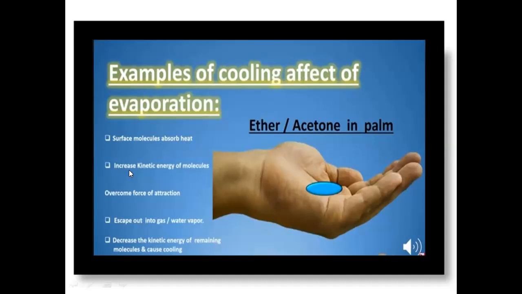This results in an increase in kinetic energy of molecules, which overcome the force of attraction between the particles. Subsequently, the molecules escape out into gas. The decrease in the kinetic energy of the remaining molecules gives us the cooling effect.